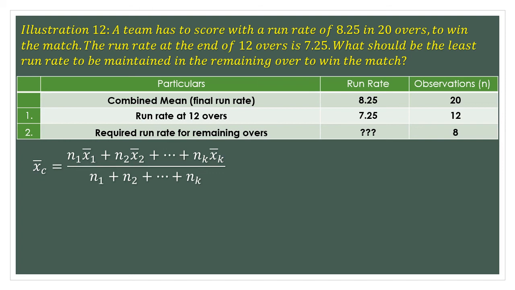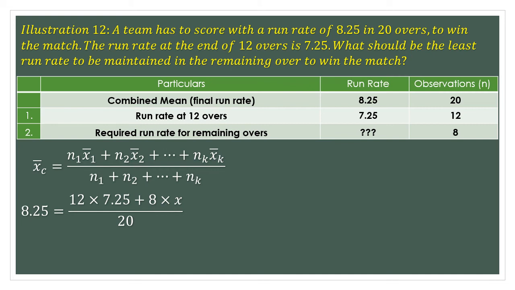Now x bar c is the combined mean. So in place of x bar c, on the left hand side of the equation, put the value 8.25. Then for the first group, you know that it is 7.25 into 12. So 12 overs into 7.25 run rate, plus. You know the overs, but you don't know the run rate. So you will just write an unknown value, that is x.